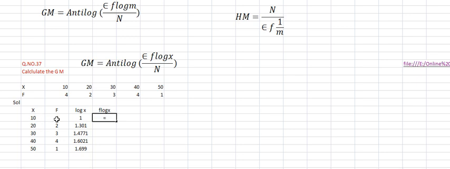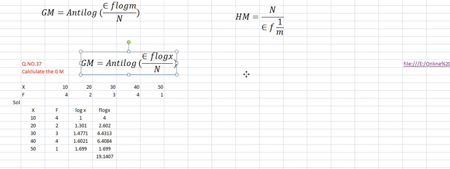See, f is 4 into log x is 1, so 4 into 1 is 4. Like that, 2 into 1.301 is this number. Like that, you multiply f into log x, you will get this, and the total is 19.1404.